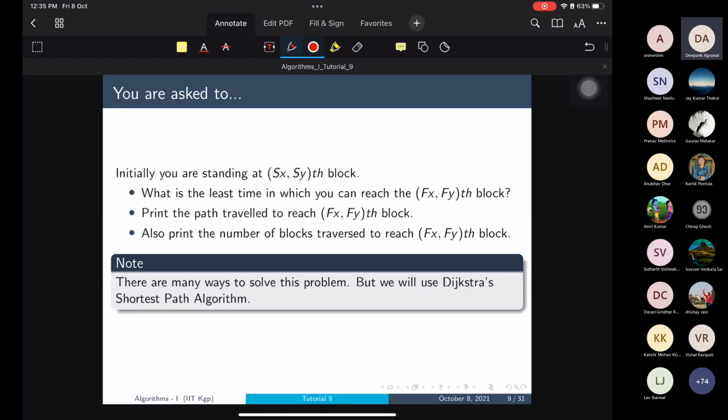So you are given two coordinates, one is sx sy and the other is fx fy. You have to follow some path and get from source to the final point, and find out the least time in which you can reach this particular block.